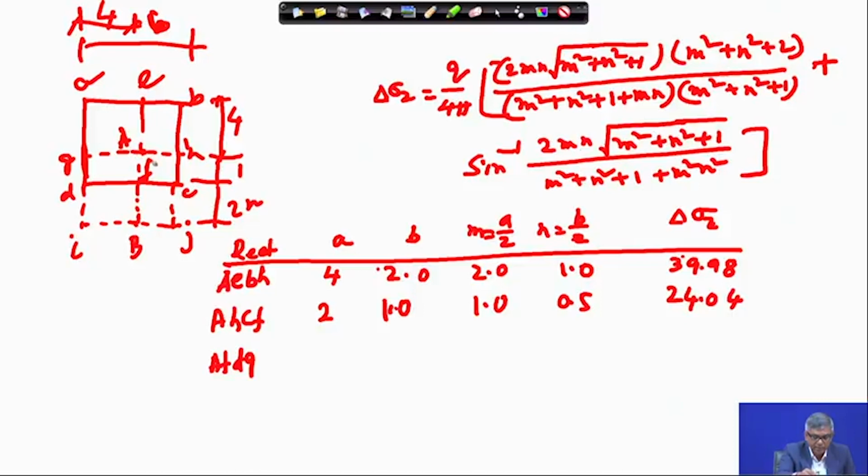And then AFDG. This portion if I take, then here A is 4, B equal to 1, and then m will be 2 and n is 0.5, and if I put all those things in this equation, you will get 26.98.